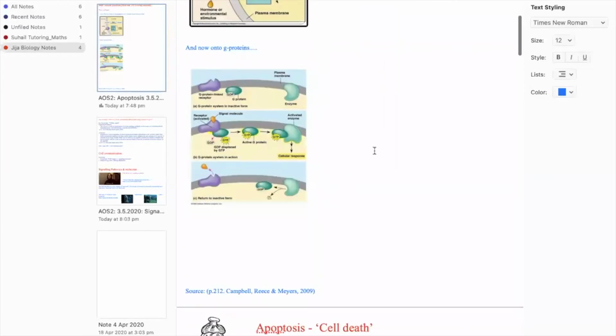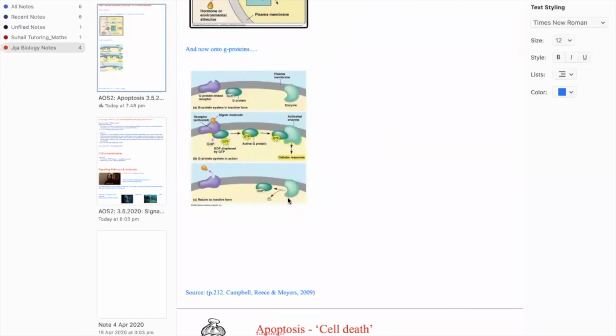This is just a brief diagram of what occurs, but basically we can see here that we've got a G protein, we've got a signal, and then this initiates a series of transductions within the cell, and then this initiates a cellular response.